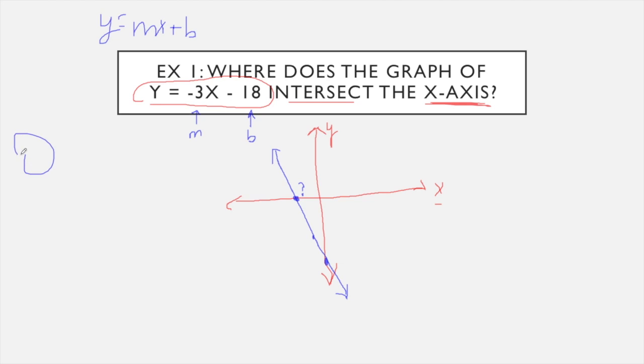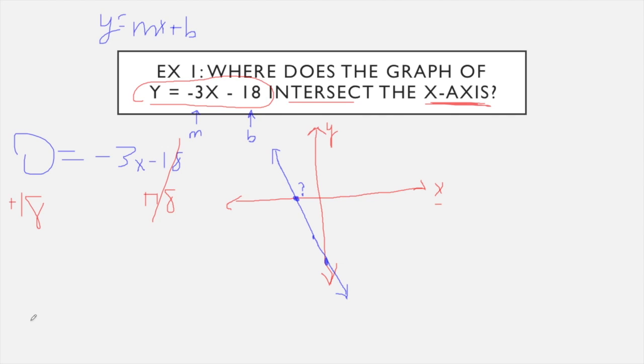So we can say 0 equals, and then we keep everything else. Now what do we do next? We can add 18 to both sides. So if we did that, we'd have plus 18, plus 18.